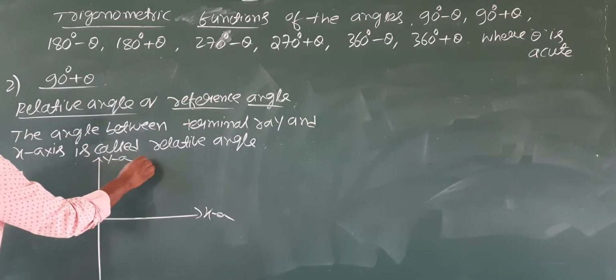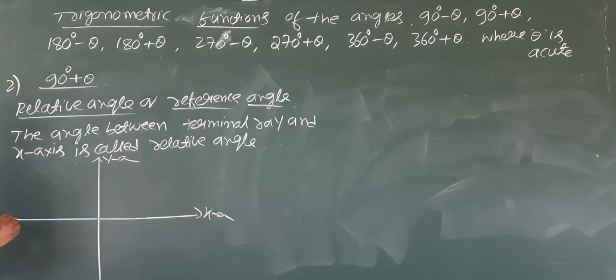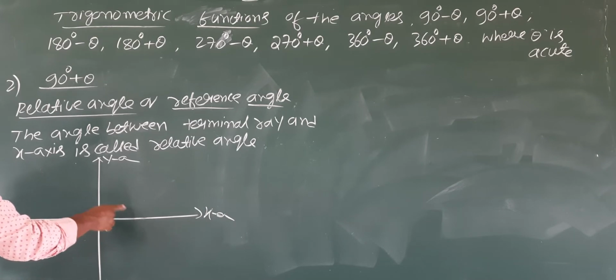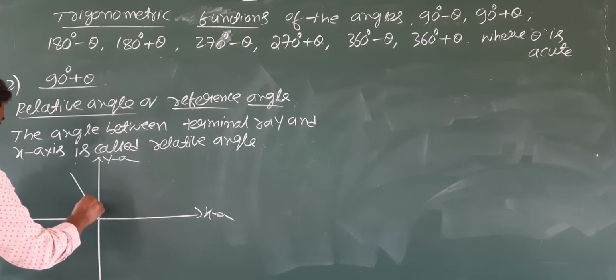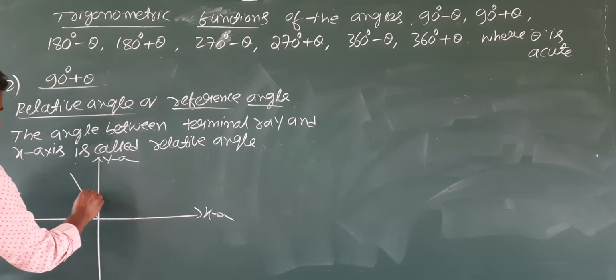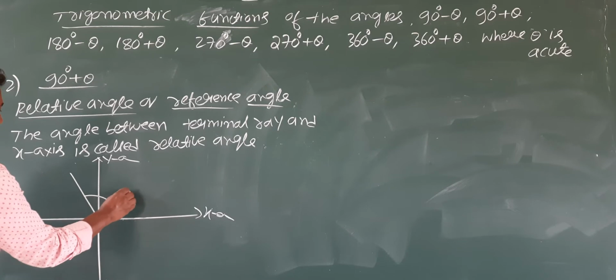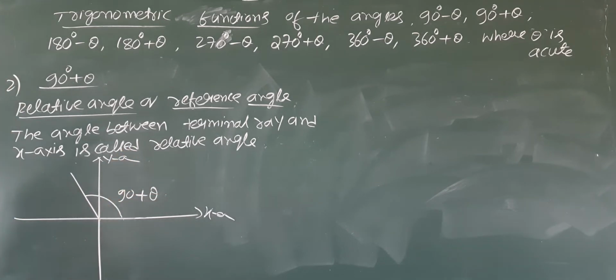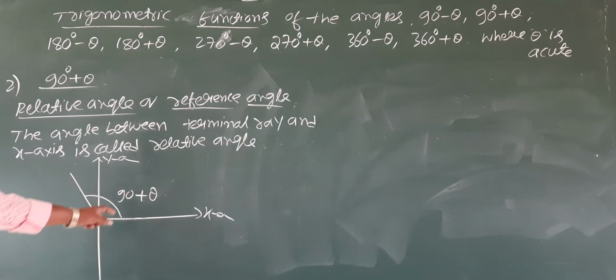X-axis, y-axis. 90 plus theta. So tell me the relative angle to 90 plus theta.